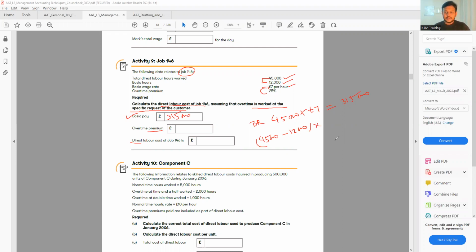I will get 1.75, so I'll multiply by 1.75. Now, how did you get 1.75? That is 25% of the 7. So 7 times 25% gives you 1.75. If I multiply with that, how much is the premium coming to? 57,750. Thank you very much.